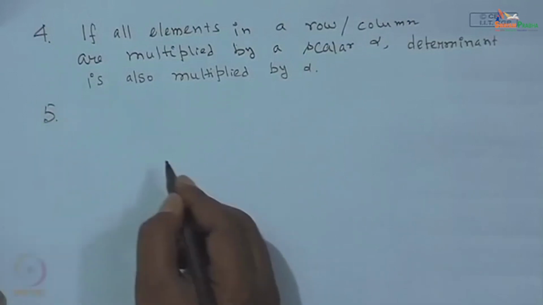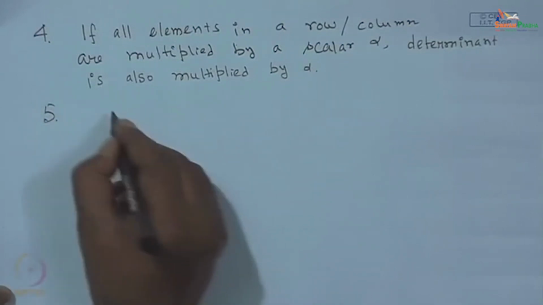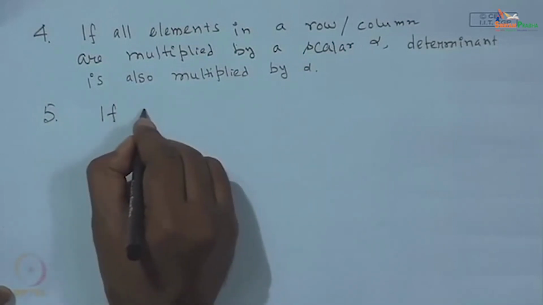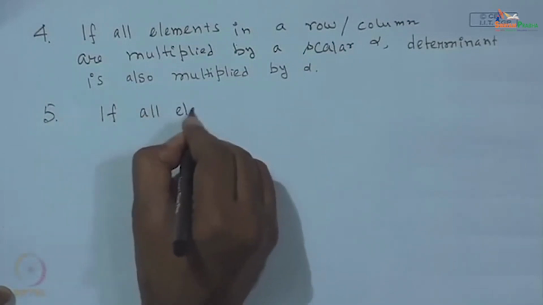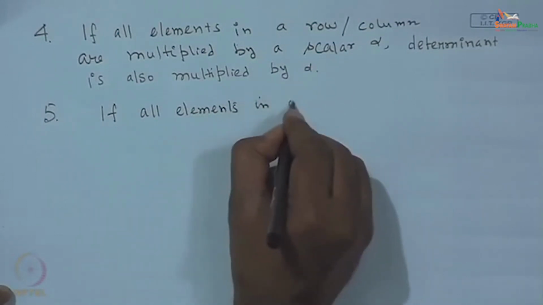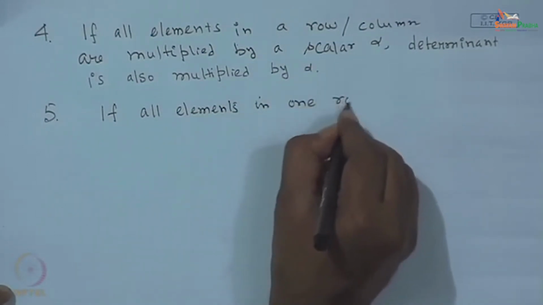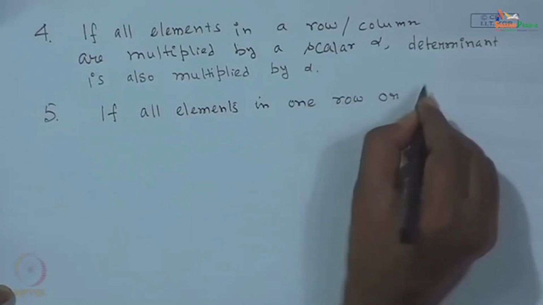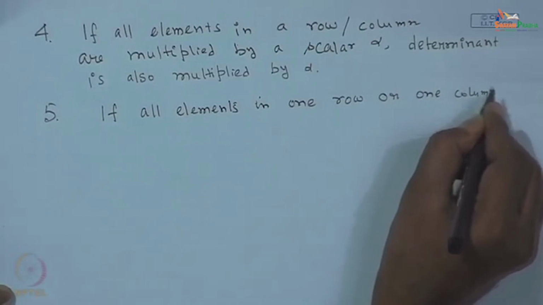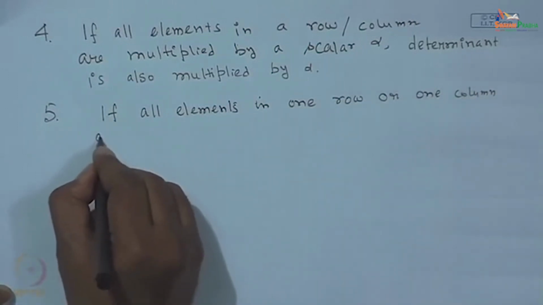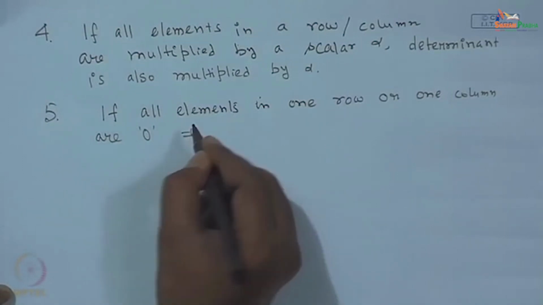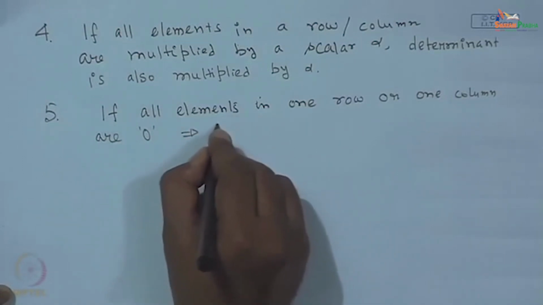The next property is that if all elements in one row or one column are 0, then of course, the determinant is 0.